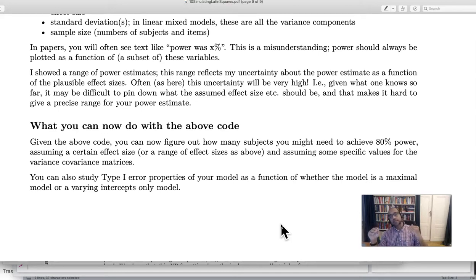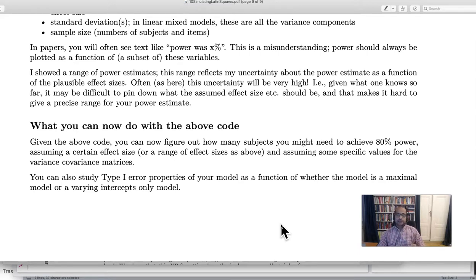More concretely, when you're working on a particular experiment design, you can use your existing estimates to figure out how many subjects you're going to need to achieve 80% power. This is a very common problem that we face and we often don't know how to solve. This method that I've shown you allows you to leverage the data you have to work out how much data you're going to need to be able to make sensible inferences, right?